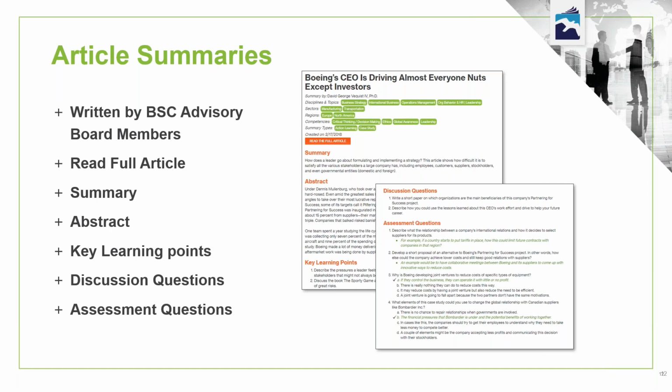So, you know, they're very well put together. You can see that this particular slide actually gives you a screenshot of what those look like. So each of the article summaries are going to have that tag there on how the reviewer then tagged that particular article for your search benefits.